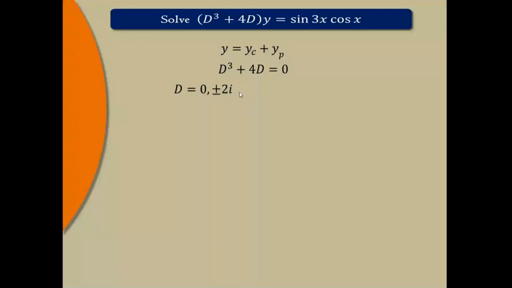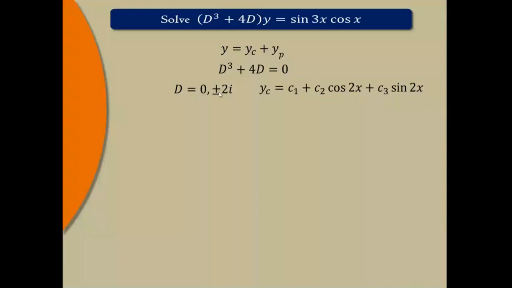For real distinct, we use the first condition, that is c1 e raised to 0x, that will be 1, plus. This is in the form alpha plus or minus i beta. Alpha is 0, beta is 2. So it is e raised to 0x, constant into cos beta x, beta is 2, so cos 2x plus c3 sine 2x. Alpha is 0, beta is 2.